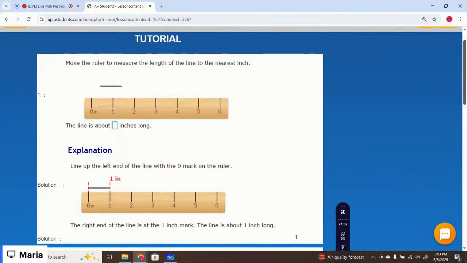We need to line up the left end of the line with the zero mark on the ruler. The right end of the line is at the 1 inch mark. The line is about 1 inch long. So place the ruler, line up the zero and the left end of the line, and then measure on the right end of the line.